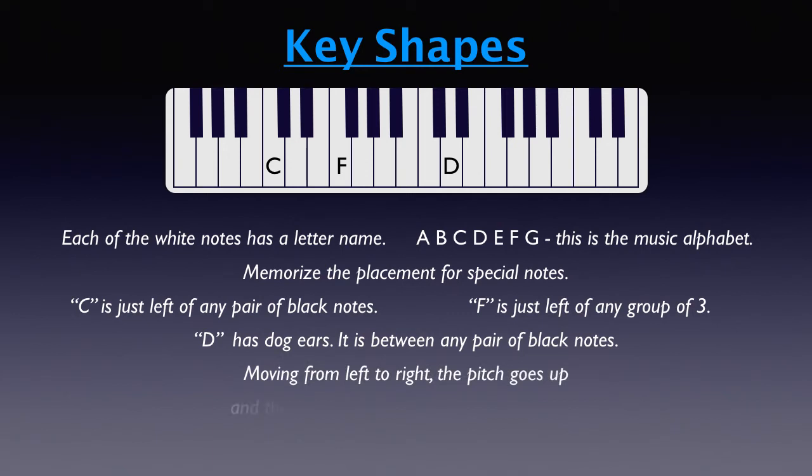Moving from left to right, the pitch goes up, and the note names go forwards alphabetically. D, E, F, G, A, B, C. They just keep going on that way.